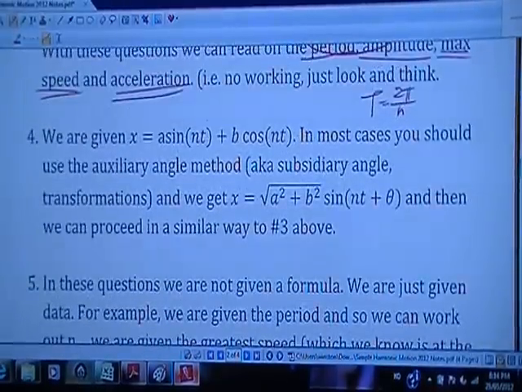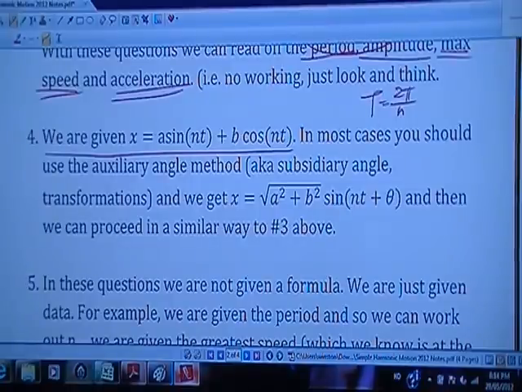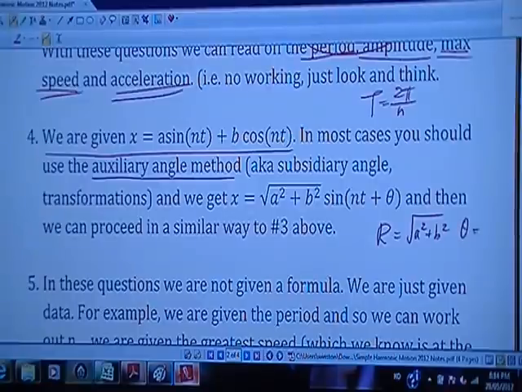And the fourth type of question, we're given the x formula, or actually we're given it as a combination of two trig functions, that plus that. Then we have to use the auxiliary angle method, or subsidiary angle, or transformations, whatever you want to call it. You know how you get r equals the square root of a squared plus b squared, and theta equals inverse tan of, I think, b on a?